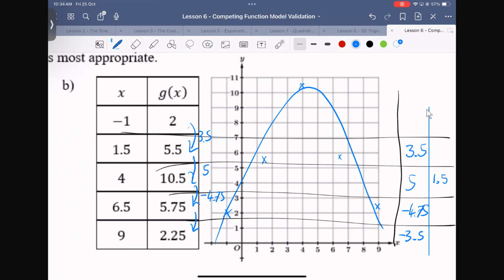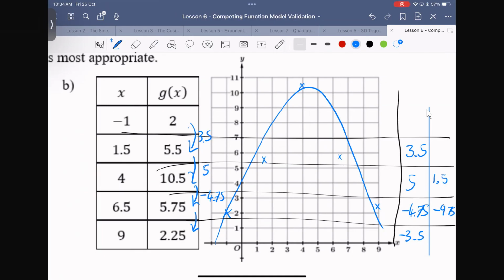Not seeing much of a quadratic pattern there. Have we made a mistake somewhere? 3 plus 3.5 plus 5. Minus. No, we have. No. However, from here to here is 1.5. And then here to here is how much? Minus 9.75.